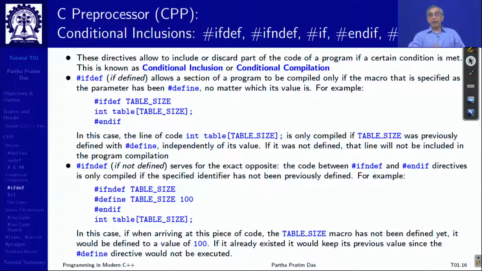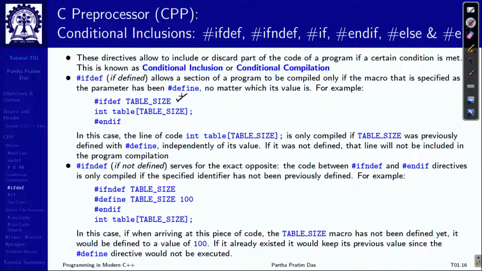This is not an if statement of your execution, where code at runtime is checking and doing it. Here you are saying, do I include this code in my compilation or I do not? Something that I include will be retained by the CPP, something that I do not include will be removed by the CPP before the code goes to the compiler.